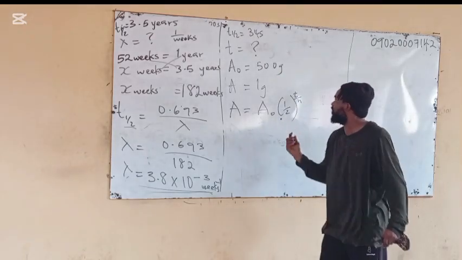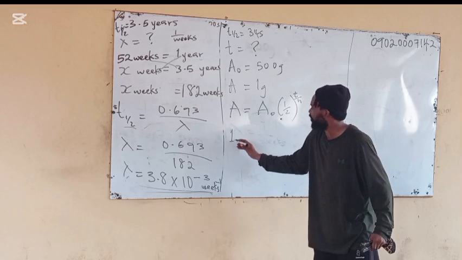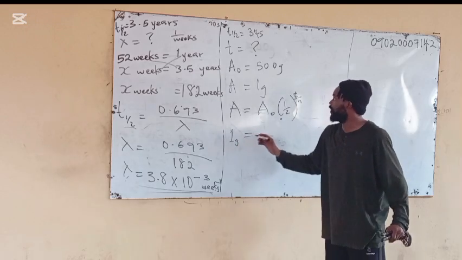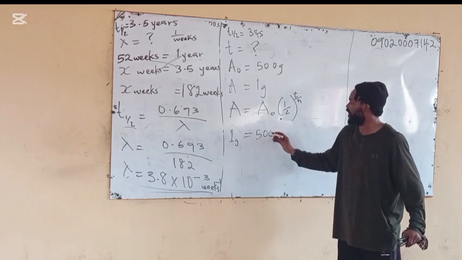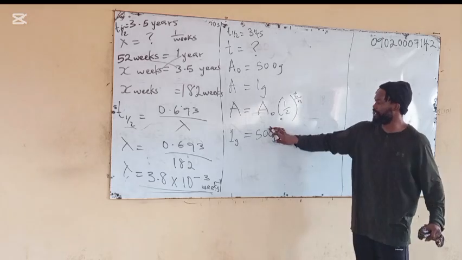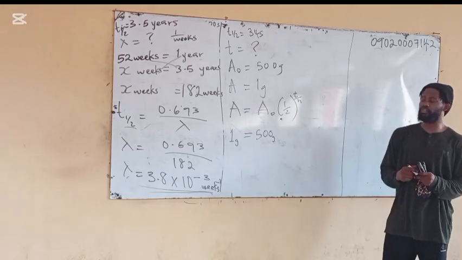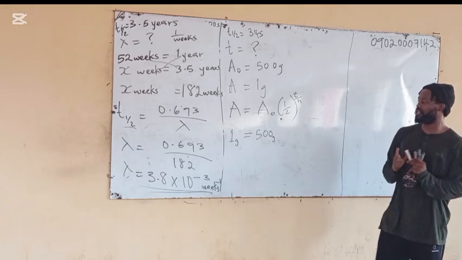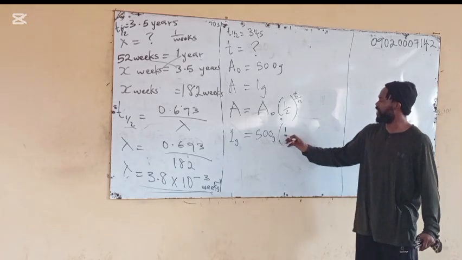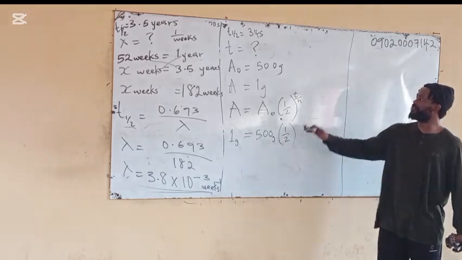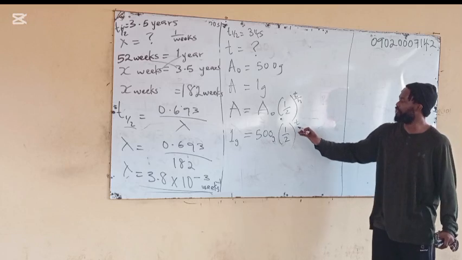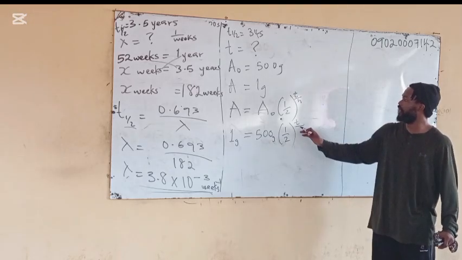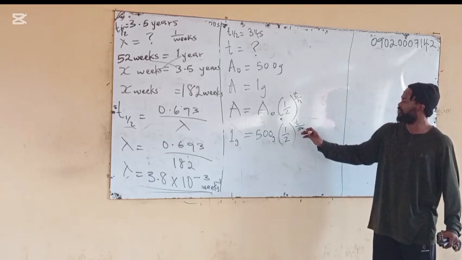So let's input everything. So now I have 1 gram equals to 500 gram. I did not put my gram in kg because in chemistry we use gram. So then half, then I now have T that I don't know, all over T half that I know, which is 34.